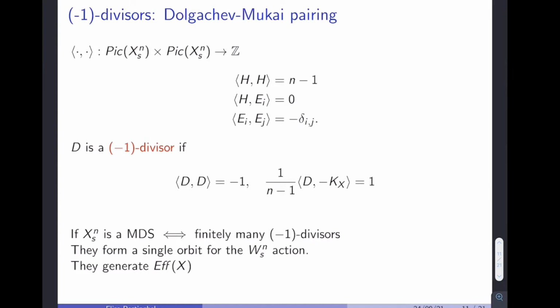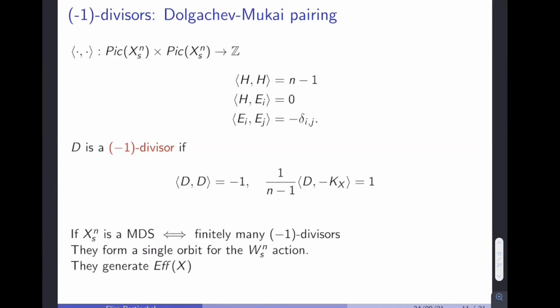And they do have the same geometrical meaning as -1 curves on del Pezzos. This bilinear pairing is defined in general, but if the blow up is a Mori dream space, so if S, the number of points, is limited, then I have finitely many -1 divisors, and this is actually an if and only if: I have finitely many -1 divisors if and only if the blow up is a Mori dream space.